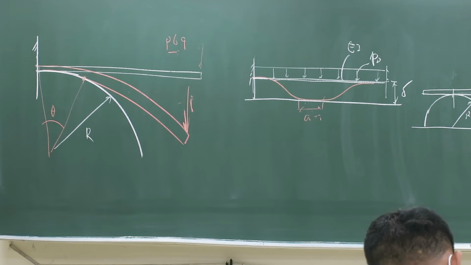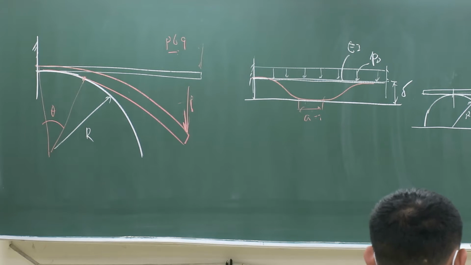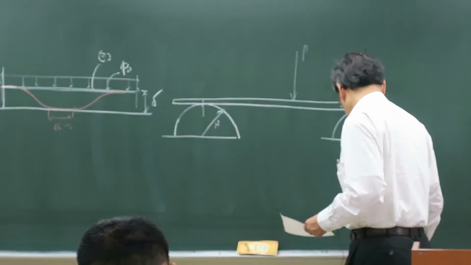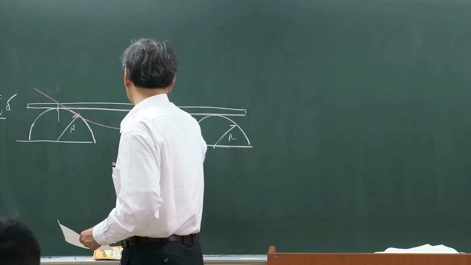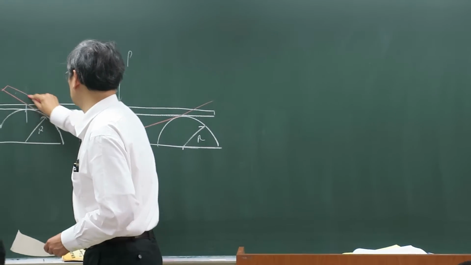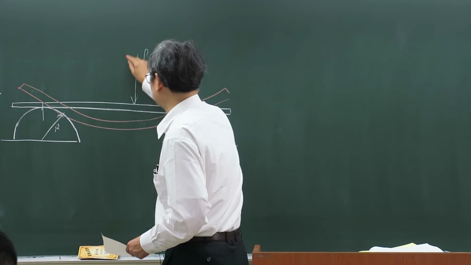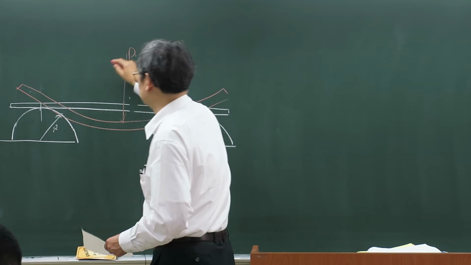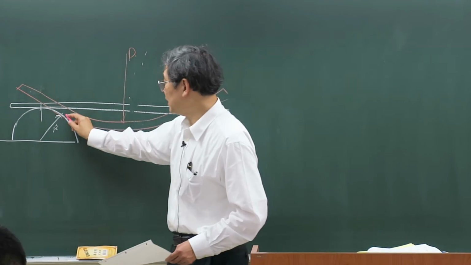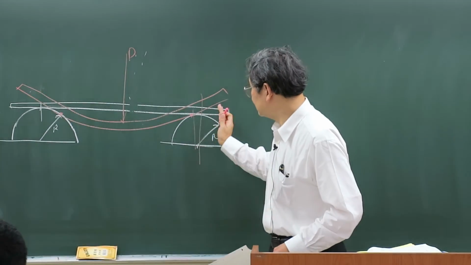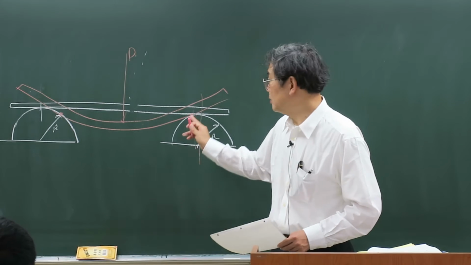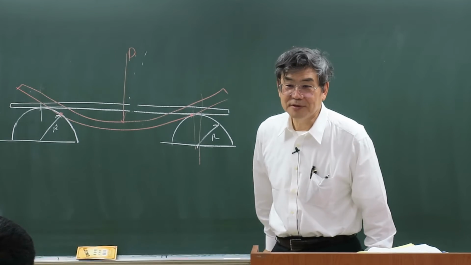Give a P loading on top of it. So when it deforms, the beam will deform like this, right? And the contact point will change, not on top, but move to somewhere. Determine the contact point. This is another problem.